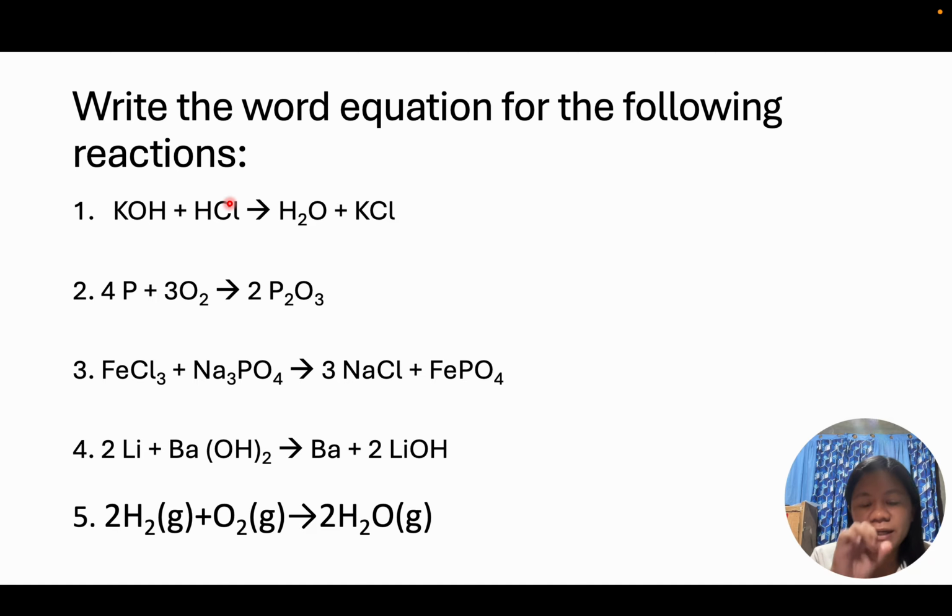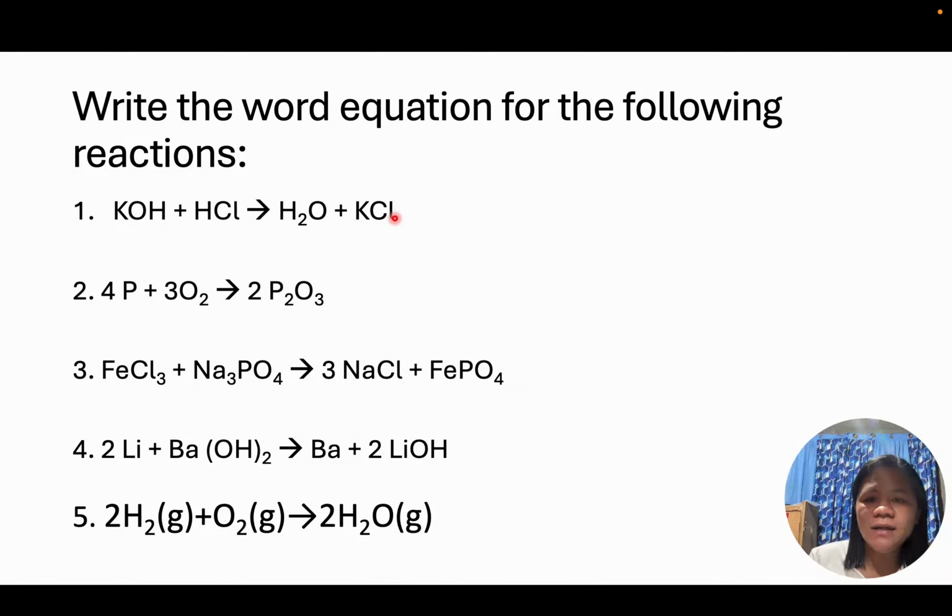Hydrogen chloride, or its common name is hydrochloric acid. But you can just use hydrogen chloride. Okay? And the resulting product is water. Let's use water na lang since this is common.